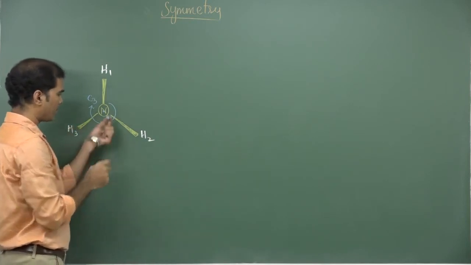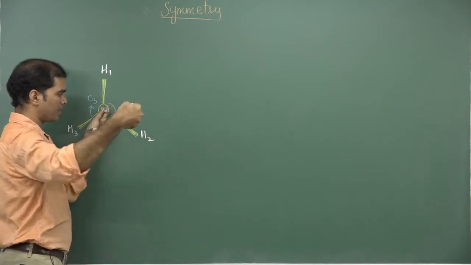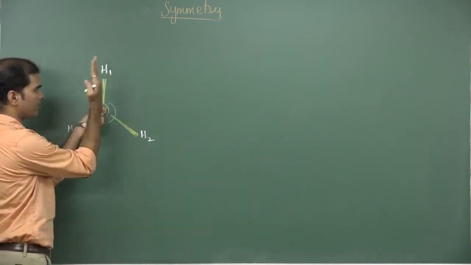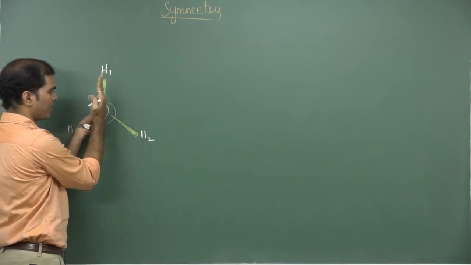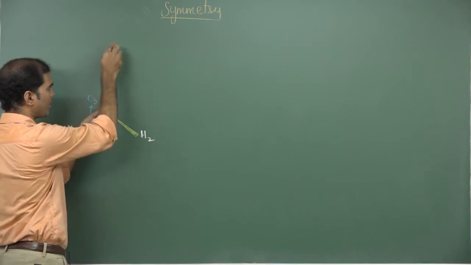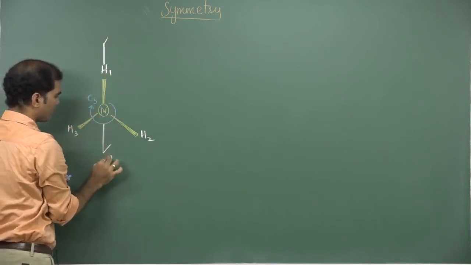And where is the C3 passing from? This is the rotational axis that is pointing towards you. So this is the first plane passing from H1 and nitrogen. It is parallel to the principal axis. Hence this should be called a vertical plane.